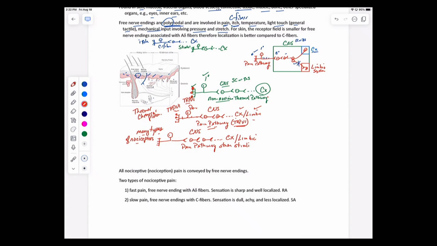But if you have something that is warm to the point that it is beginning to hurt, and that would just be slightly warmer, you're not damaging tissue, okay, but you are experiencing warmth and it is beginning to hurt a little bit, that is going to be very much involved with your TRPV1 activating a pain pathway.